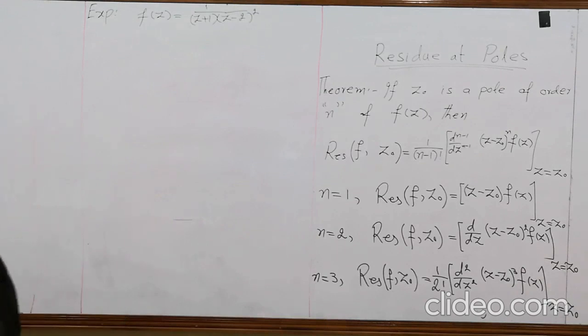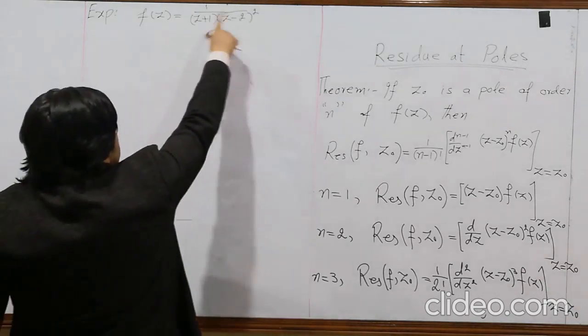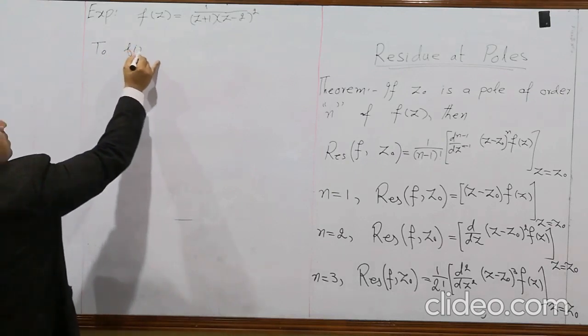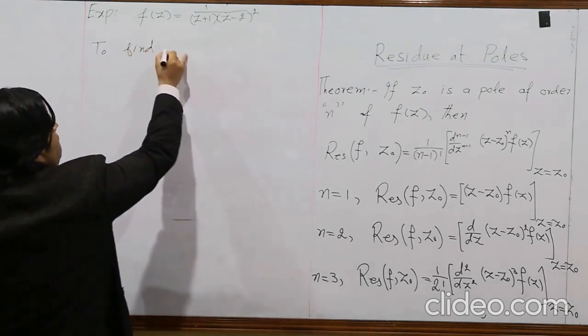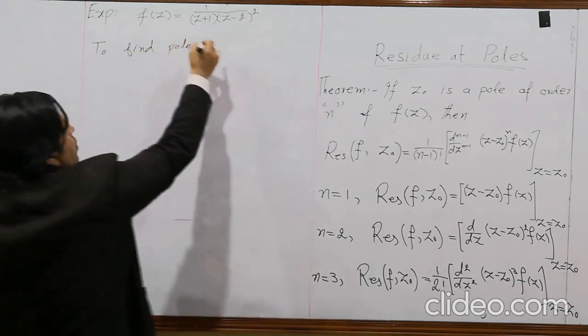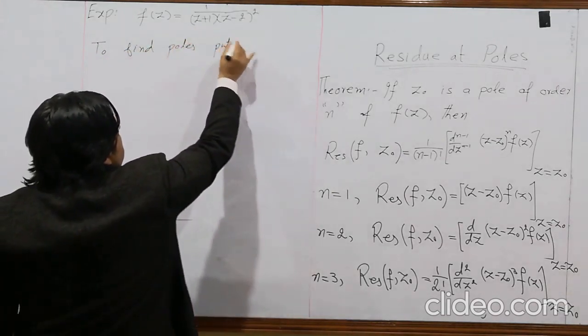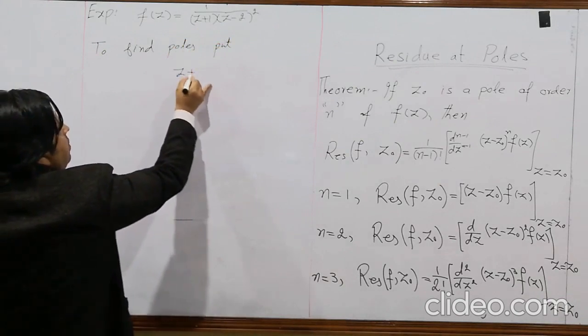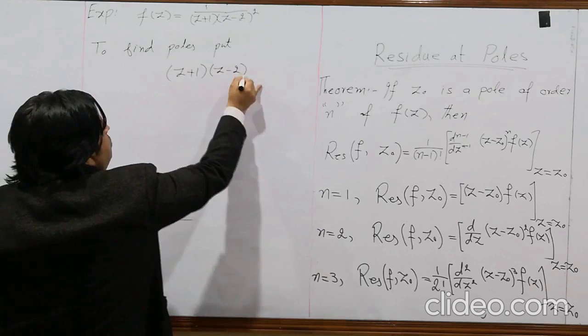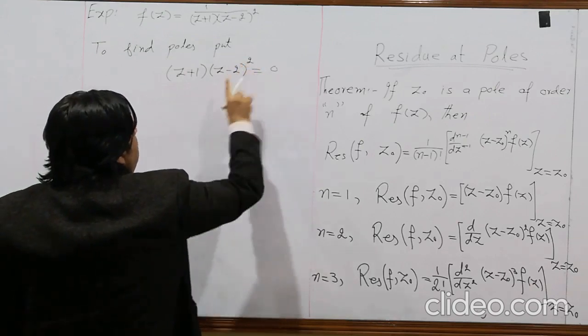So you can see, first of all we have to find the poles. To find poles, first of all you have to put the denominator, which is z plus 1 into z minus 2 whole square, equal to 0.